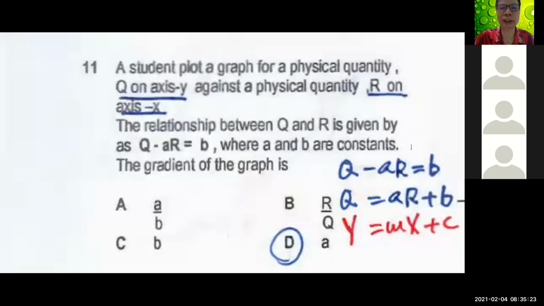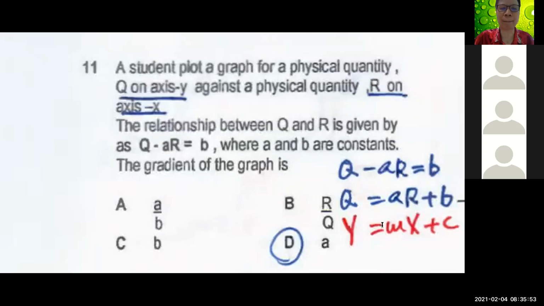I copy the equation and bring the AR over to the right-hand side to become positive. Why do I do that? Because I want it in the format of the straight line formula, y equals mx plus c. Now you check: y is Q, correct. x is R, correct. So we already know the gradient m is A. So the answer is A.